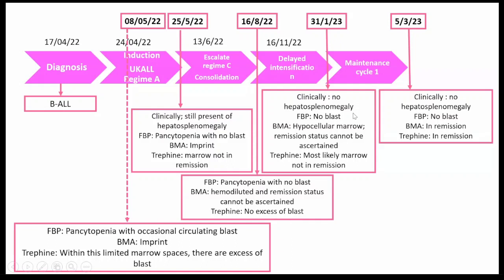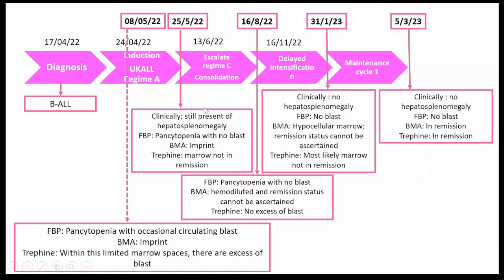The blood film also showed no blast, and the remission still failed due to hypocellular marrow. But from the trephine, we concluded that the marrow was most likely not in remission. However, the clinician continued with the current treatment, justified by the patient still being clinically in remission. After completing maintenance cycle 1 last March, the patient was clinically in remission, blood film and marrow supported remission, and trephine was also in remission.